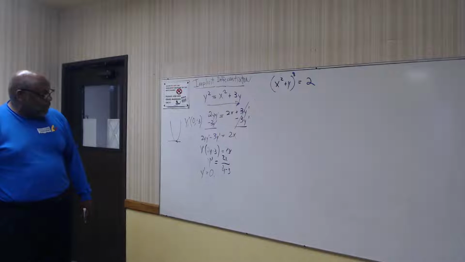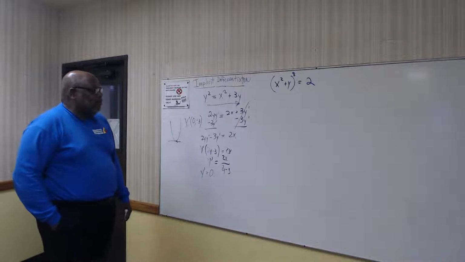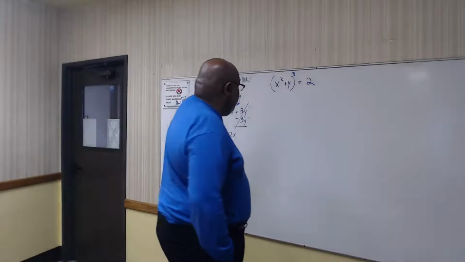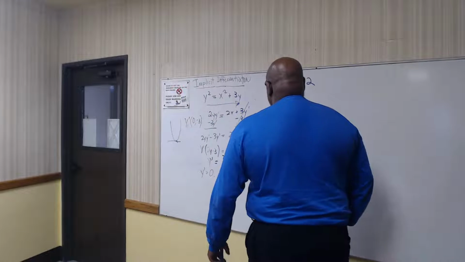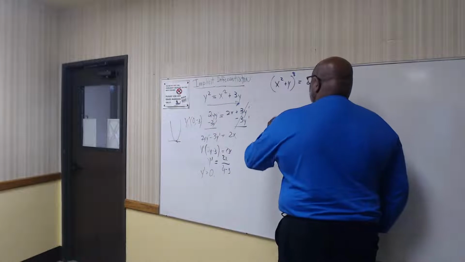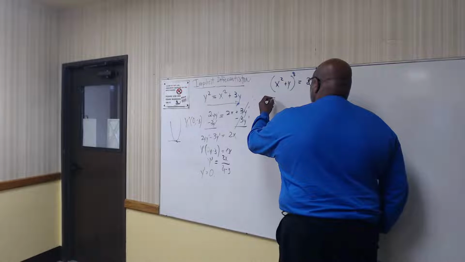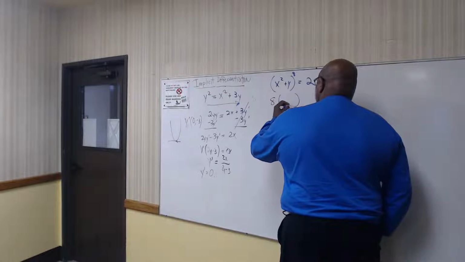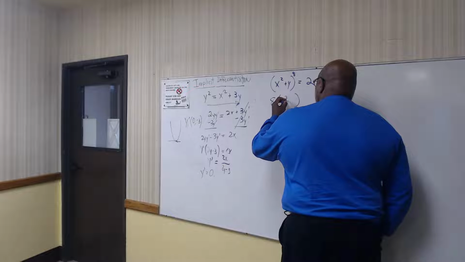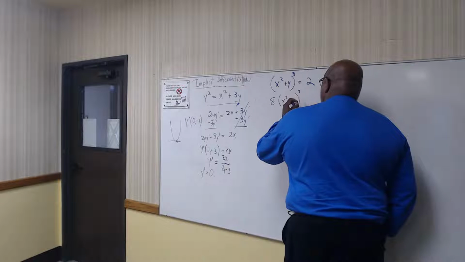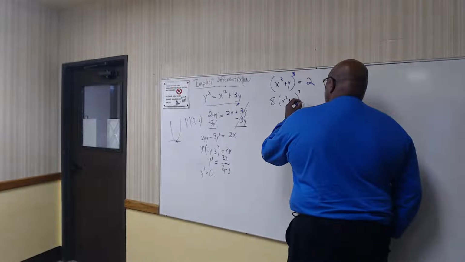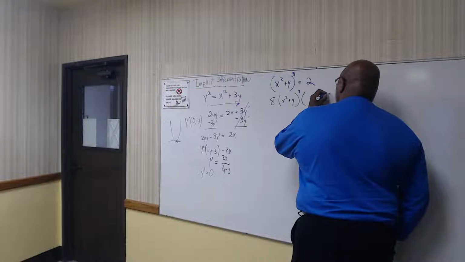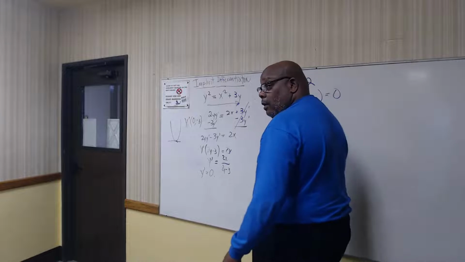All right. Let's look at this beautiful one here. Give me guidance here, Jordana. First you put 8 times x squared plus y to the 7th equals 0. Oh, right.